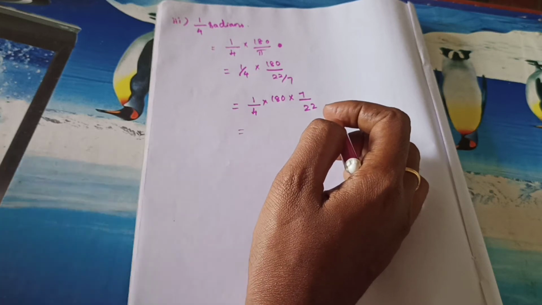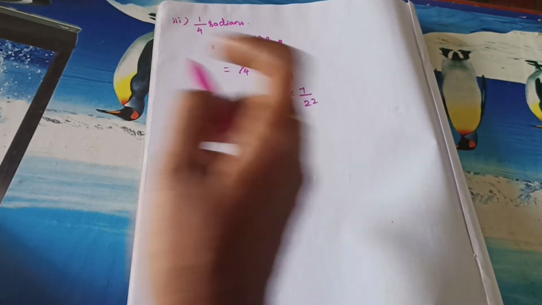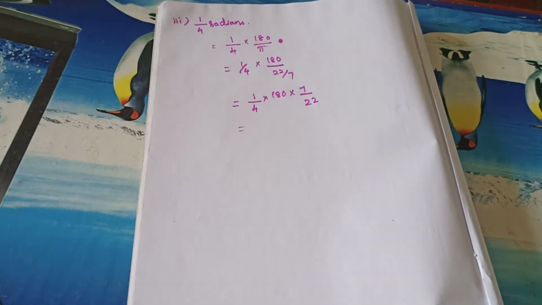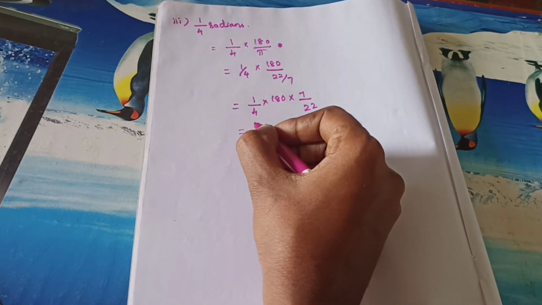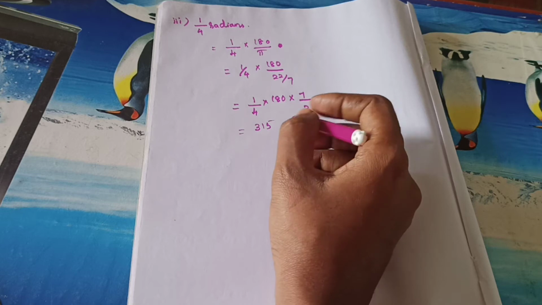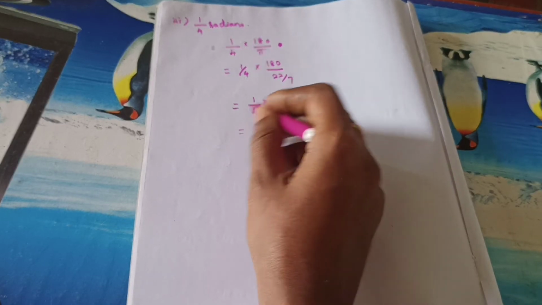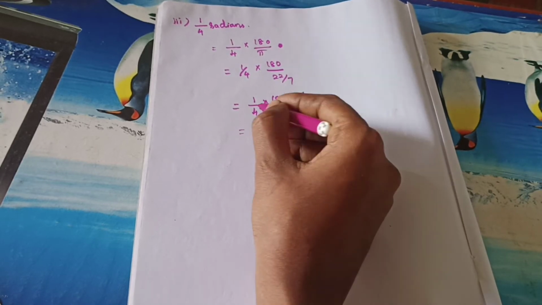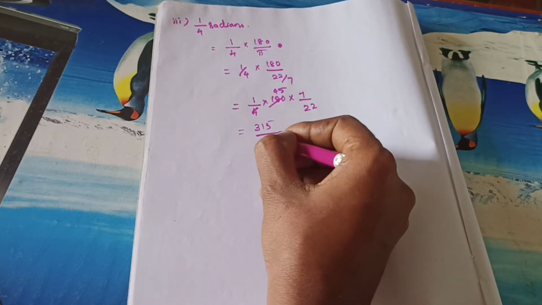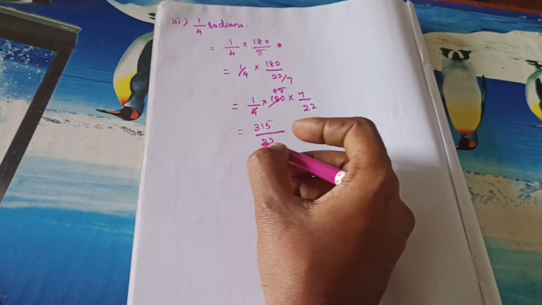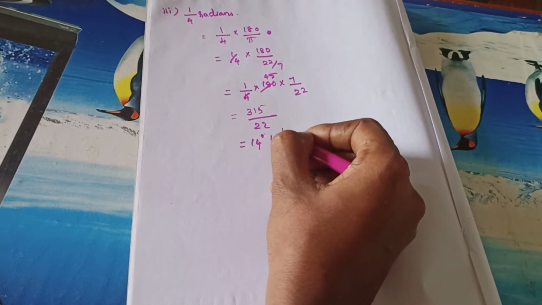First you multiply and find out. If you multiply the numerator, you will get 315. If you divide and multiply, it will be cancelled, so you will get 45. So 45 into 7 divided by 22. If you divide this value, you will get 14 degrees 19 minutes and 5 seconds.